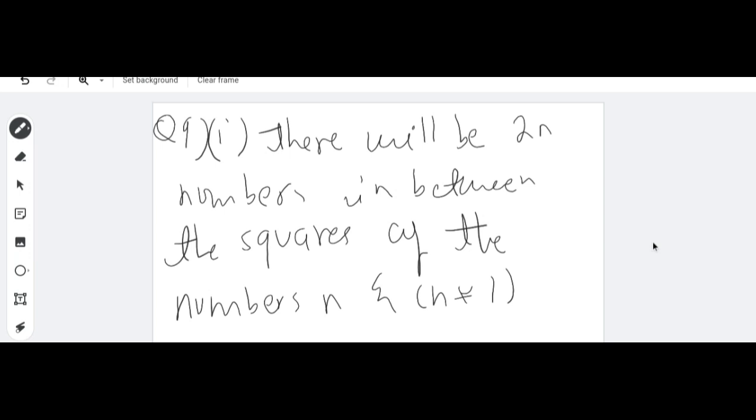So here, what is n? Between 12 and 13, the first number is the n here. Every first number is n here. So I can write n is equal to 12. Thus I wrote 2n.